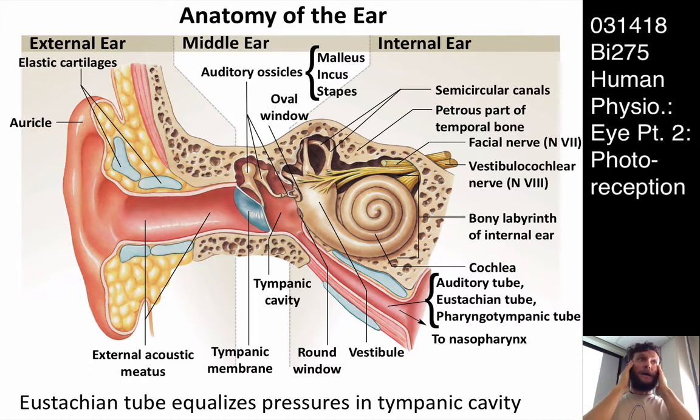Temporal means time, and your temples are where you show the passage of time first. This is where your hair turns gray first, so they named the bone the temporal bone. The specific part of the temporal bone that the ear lives in is called the petrous temporal bone. Petrous, like Peter. You are the rock upon which I shall build my church. Peter means rock. It means stone, like saltpeter or rock salt.